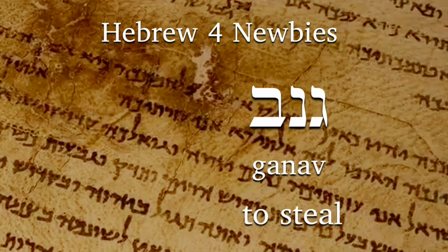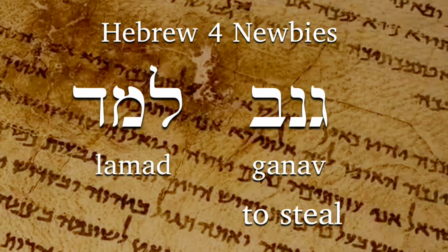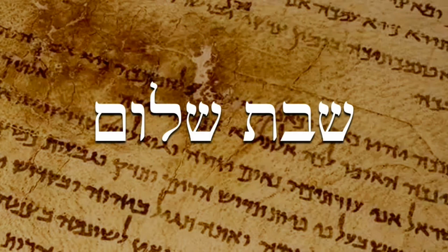Ganav means to steal. So when you have to guess vowels, your best bet is just an ah sound in Hebrew. And I did the same thing. You guys want to guess how it's pronounced? Lamad. And I already said what this word means. It means to learn. So, lamad. Okay, Shabbat Shalom.